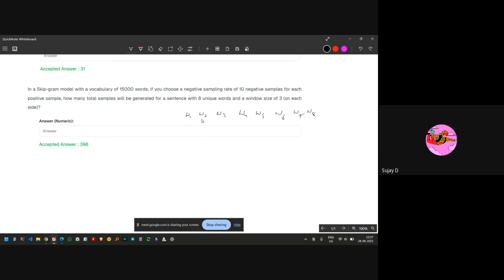Here we have 10 negative samples for each positive sample. First count how many positive samples are there. I will show you.